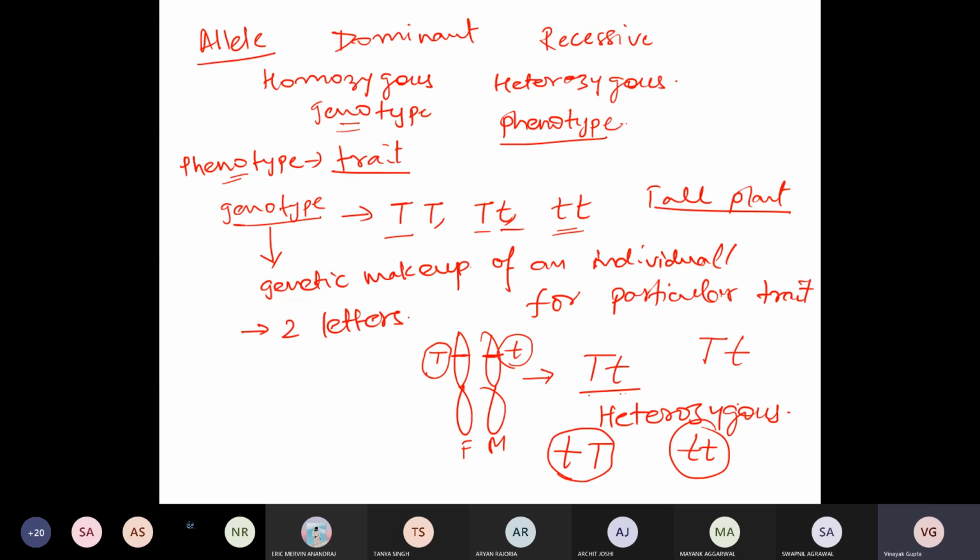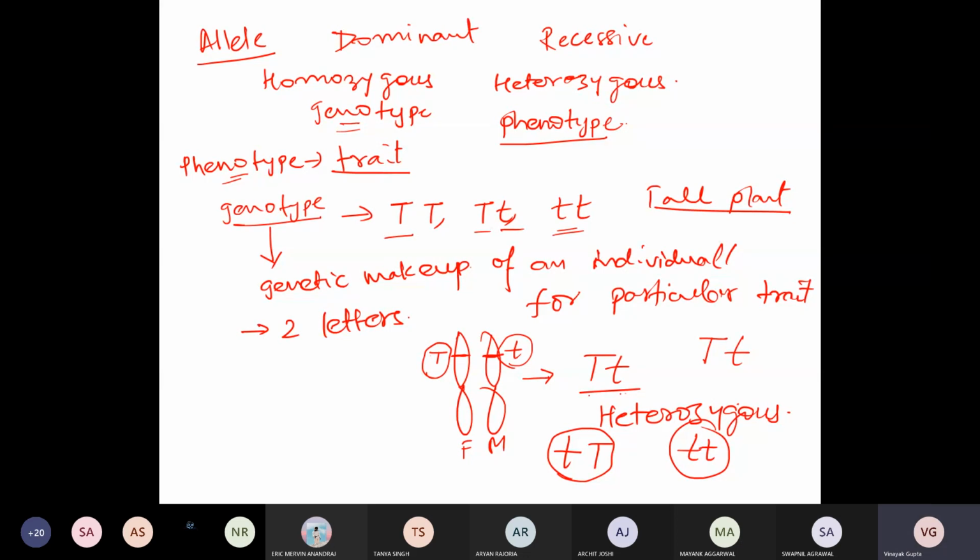Any doubt here in these terms? Genotype, phenotype, homozygous, heterozygous. Be very clear with these terms, otherwise you will not be able to understand the numerical part.